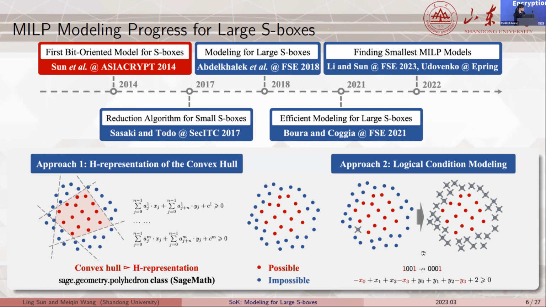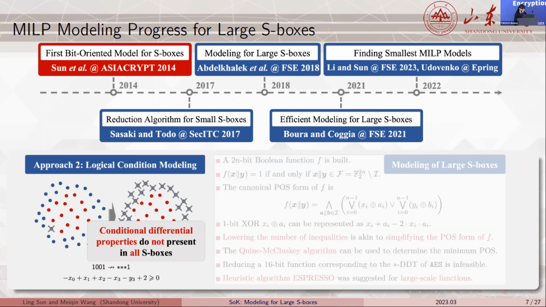So apparently, applying this method directly will result in an excessive amount of linear inequalities. To settle this problem, Sun et al. found that certain S boxes contain conditional differential property. It allows us to remove multiple impossible propagations with a single inequality.